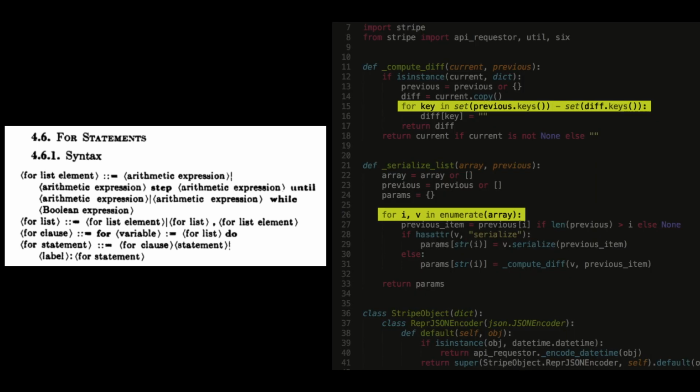What if Stripe paid Rutishauser a fee for every for loop in the same way that Stripe's customers pay Stripe a fee for every transaction? That's not how the world works, and I don't think that is how the world should work. For loops were Rutishauser's gift to humanity, and that's true for most of these research projects. It's just easy to not realize the weight of all these gifts and how much we rely on them.